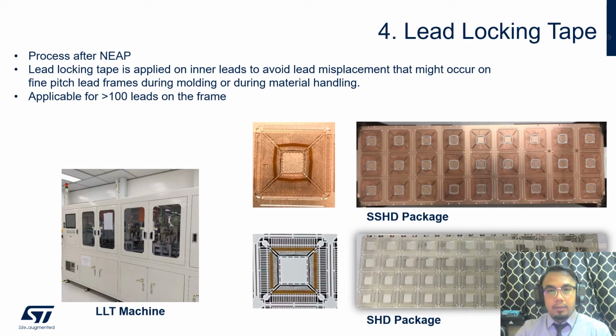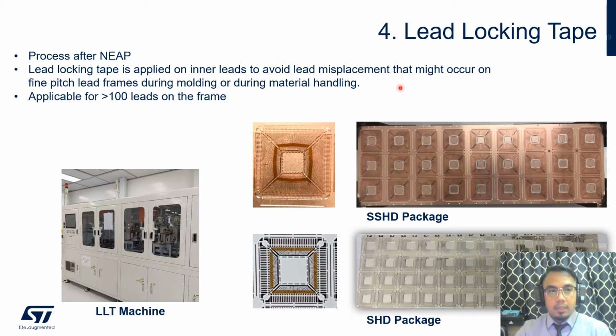Other than the plating process, I was also directly and actively involved in the lead locking tape process. The lead locking tape process comes after plating, where we apply lead locking tape on the inner leads of the lead frame to avoid lead misplacement that might occur on fine pitch lead frames during molding or material handling.